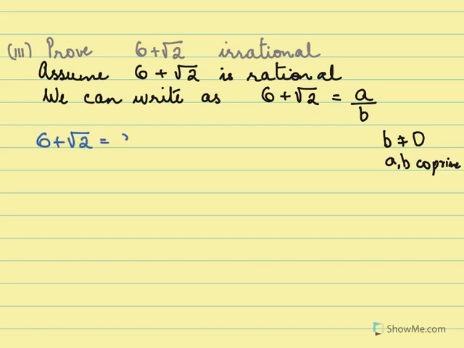So we have 6 plus under root 2 equal to a over b. So under root 2 is a over b minus 6 on rearranging.